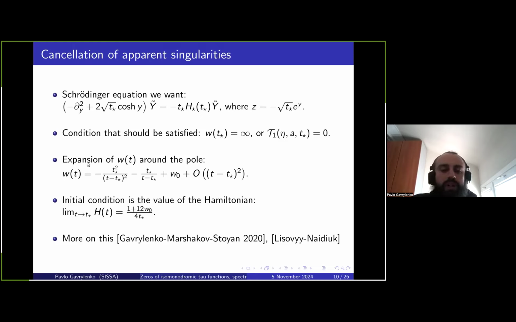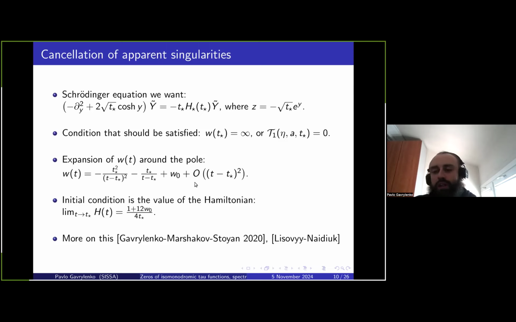For example, we can study this Painlevé transcendent around this pole. In short, we just substitute this pole ansatz into the Painlevé equation and see what happens. So this way we find that the first two terms are fixed by the equation, and the first regular term is some arbitrary constant.